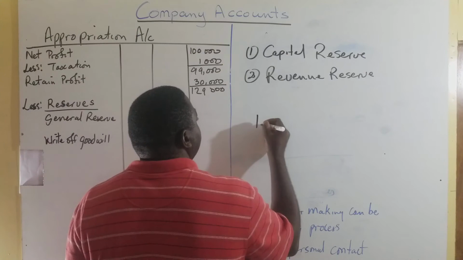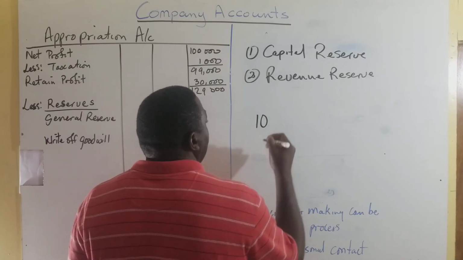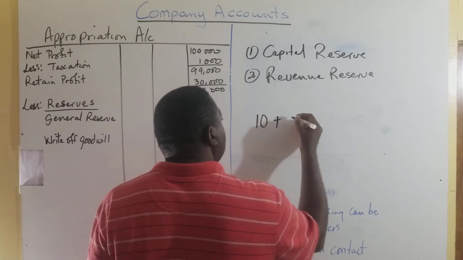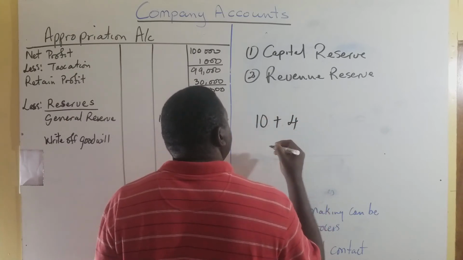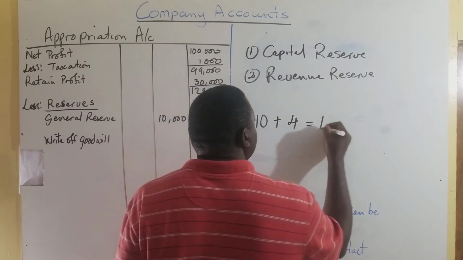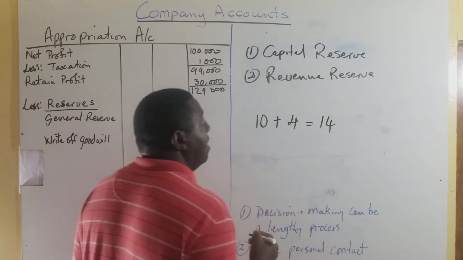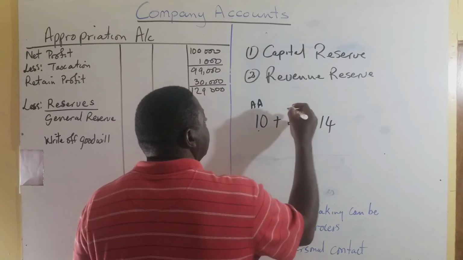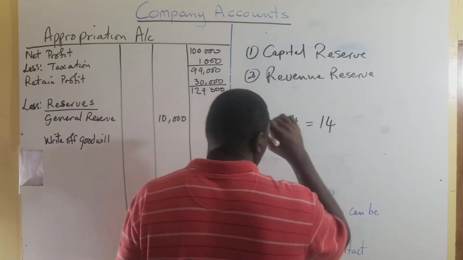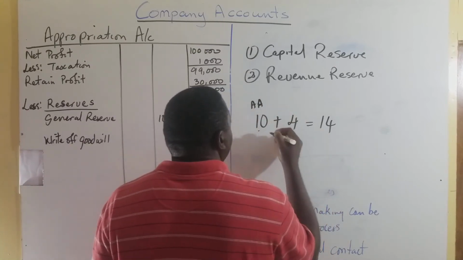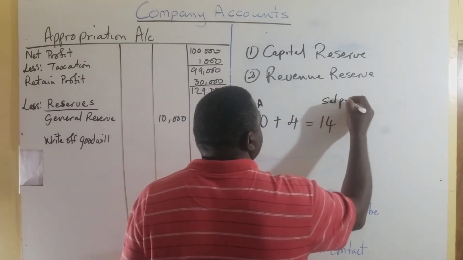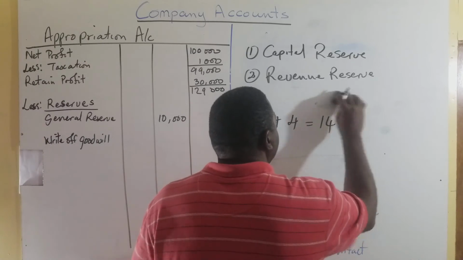So if the asset is valued at $10,000, right, and you were asked to pay $4,000 more, so you have paid $14,000. The actual value of the asset is $10,000. So the goodwill would be the difference between the actual value and the sale price. Yes, the sale price.